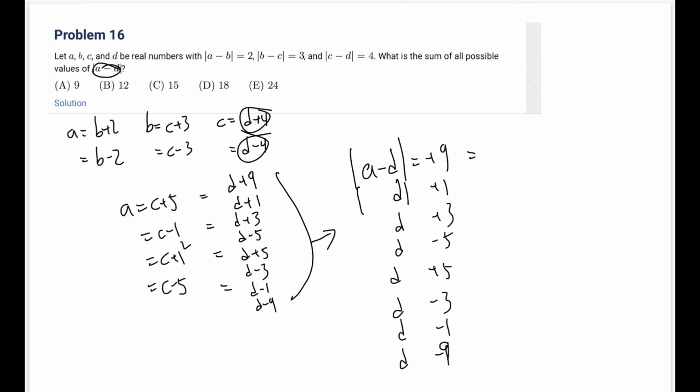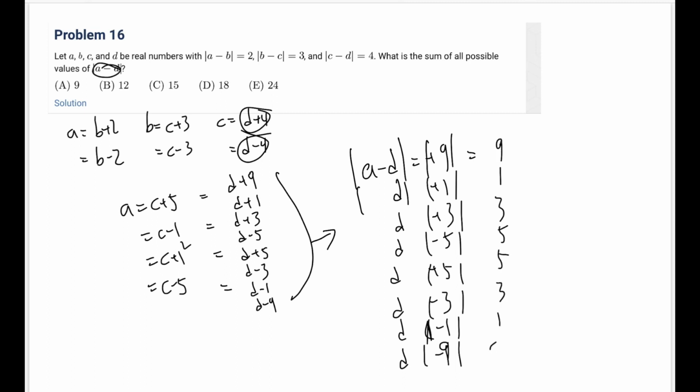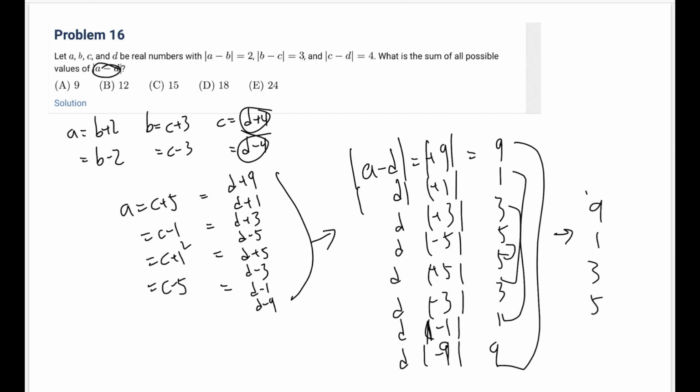So this is absolute value of everything. And so what this would mean is that this is 9, 1, 3, 5, 5, 3, 1, 9. So these two are the same, these two are the same, these two are the same, and these two are the same. So this is 9, 1, 3, and 5. This is what it all boils down to. And the sum of all possible values is 9 plus 1 plus 3 plus 5, which is 18. The answer is D.